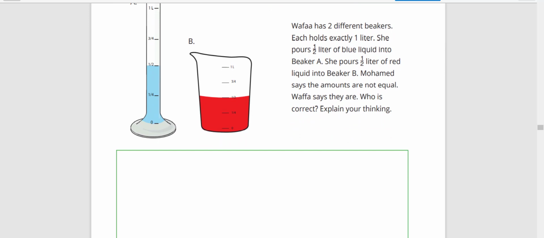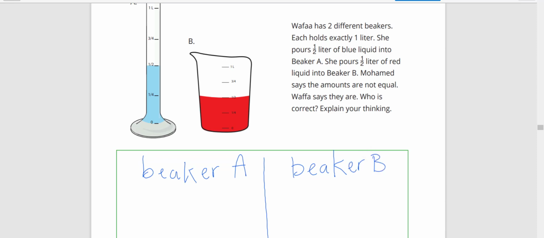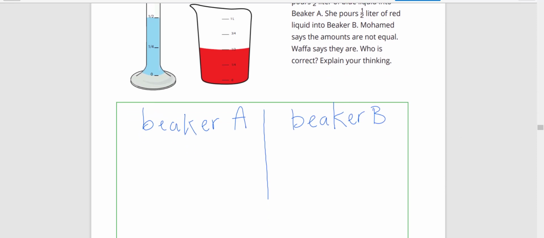In beaker A, the liquid reaches to half here, and in beaker B, the liquid reaches to half here. Beaker A holds 1 liter and beaker B holds 1 liter.